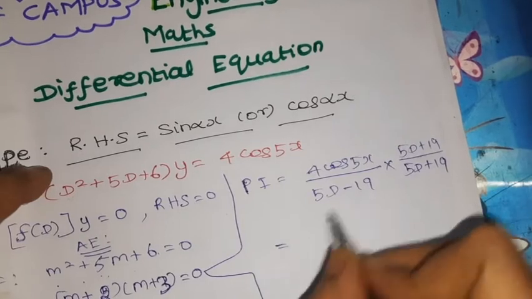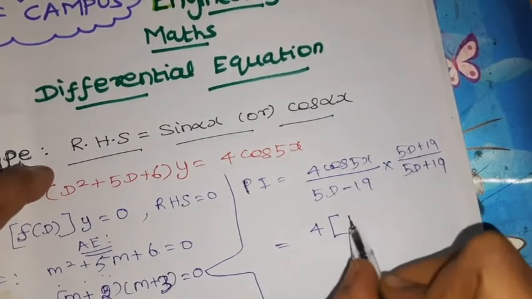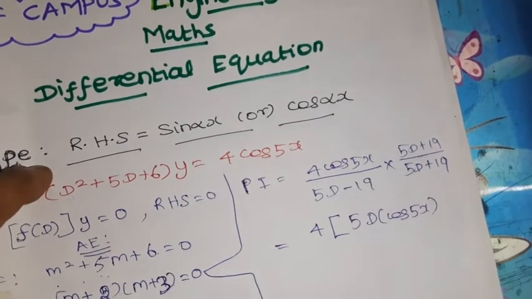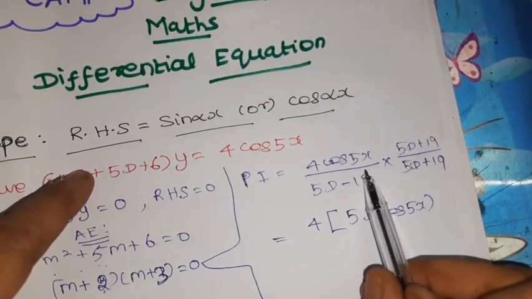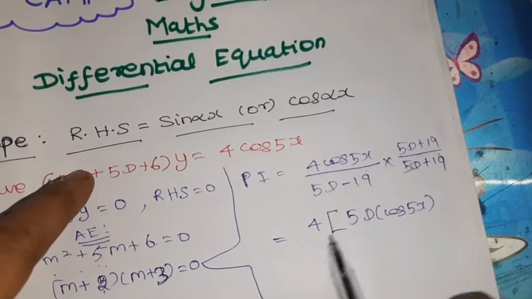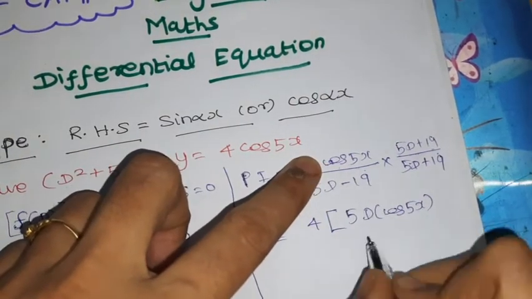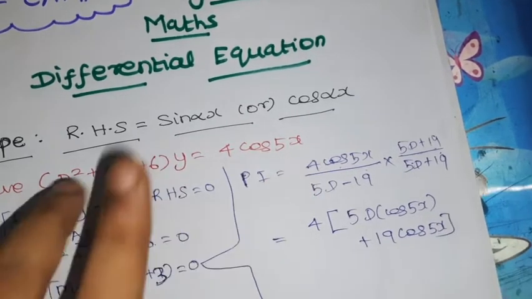Then multiply inside: 4 stays outside, it is a constant, then 5 into 5D into cos 5x, where D denotes differentiation. 5 times the differentiation of cos 5x, with 4 as the common factor outside. Then plus 19 cos 5x, so that is the numerator.